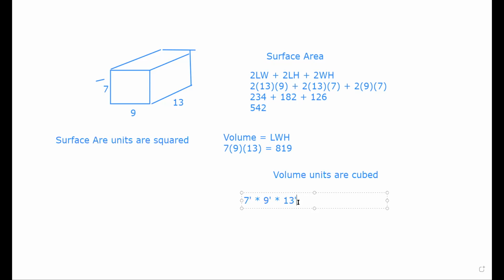Square feet times another foot is cubic feet. So anytime you see a unit that's described as cubic feet or cubic inches, cubic whatever, that's going to be a volume measurement.